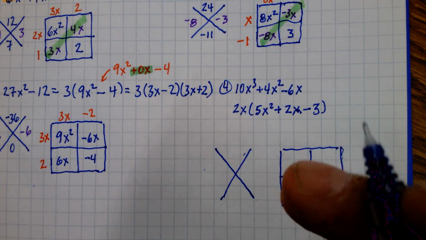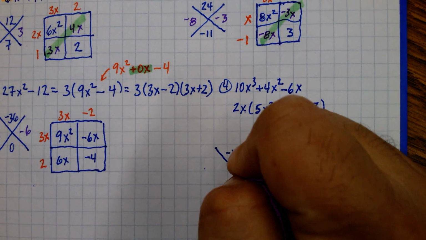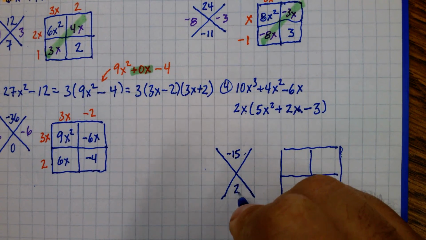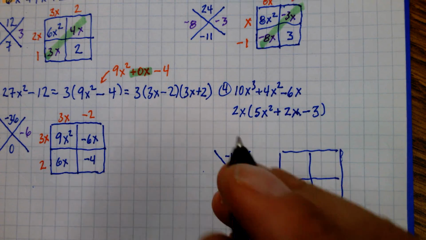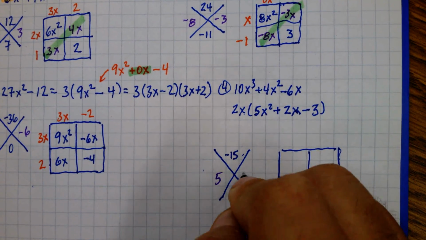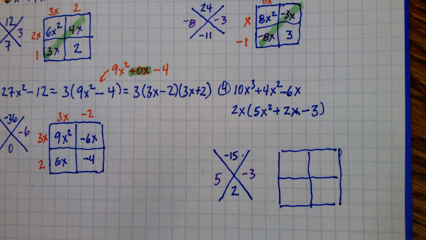Yeah, it's 5 times negative 3. We want negative 15. And there we want a 2. So we want two numbers that multiply to negative 15 that add up to 2. 5 and negative 3. Yeah, these two would work there.